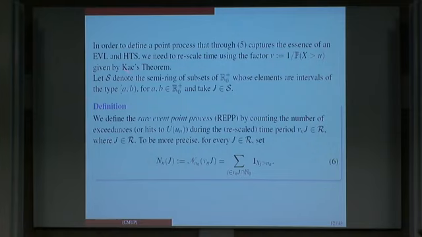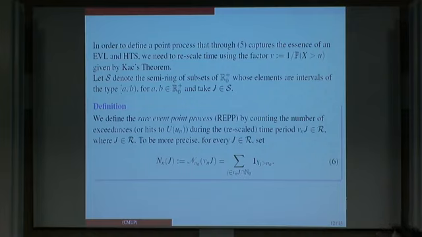So instead of looking at events of the type maximum less than or equal to un, which means that up to time n there are no exceedances of this threshold un, we want to study something more general, which is the number of exceedances in a certain interval when properly normalized, and try to find a distribution for this rare events point process.